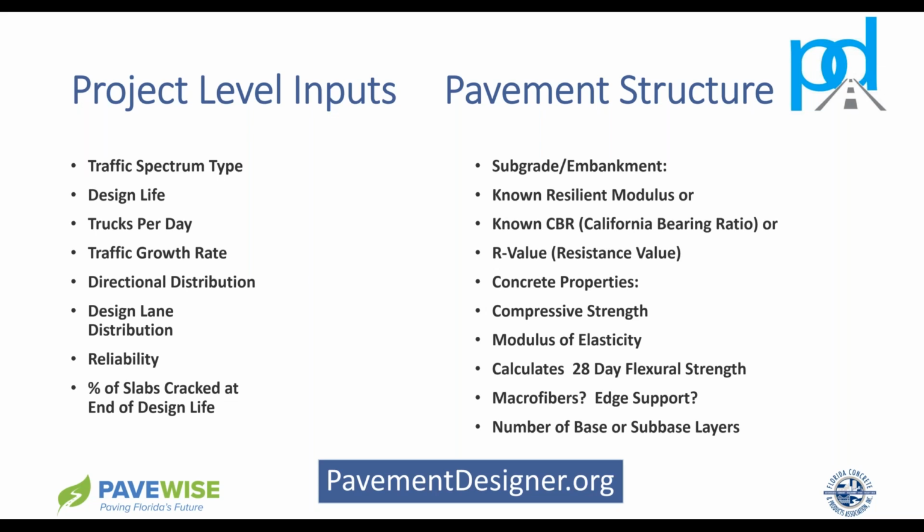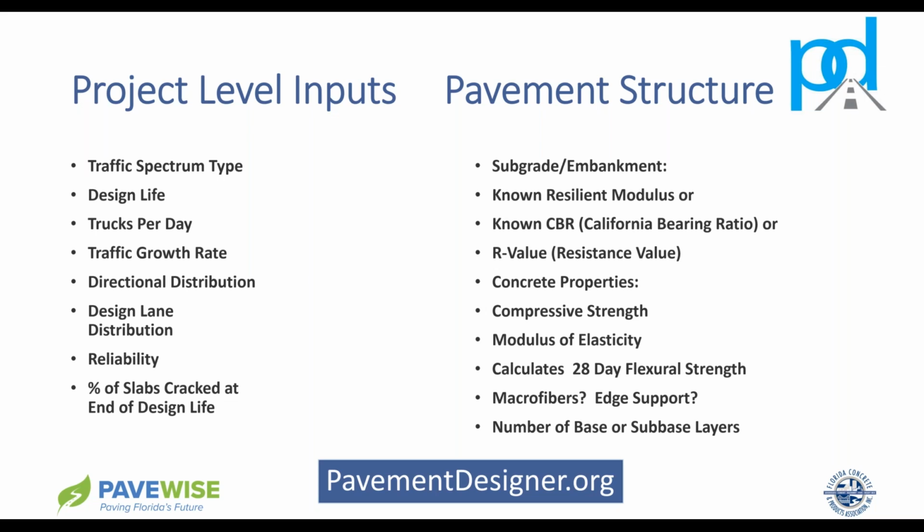But if you put macro fibers in the concrete, you get a little bit higher strength, and the concrete design will be a little bit thinner. Edge support. Do you have curb and gutter? Do you have a paved shoulder? Is it a widened lane? If you have edge support, that also gives the pavement structure more strength, and the pavement thickness will be a little bit thinner. So you've got two choices there.